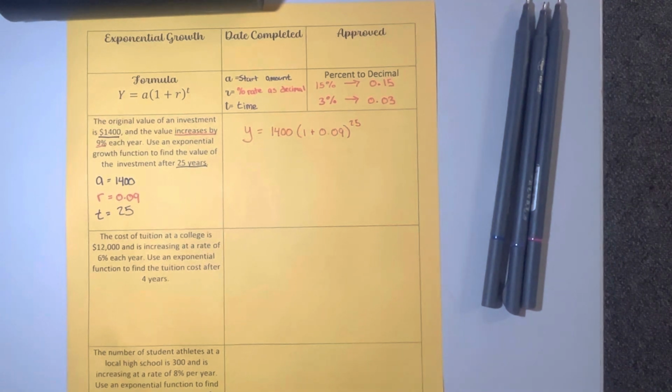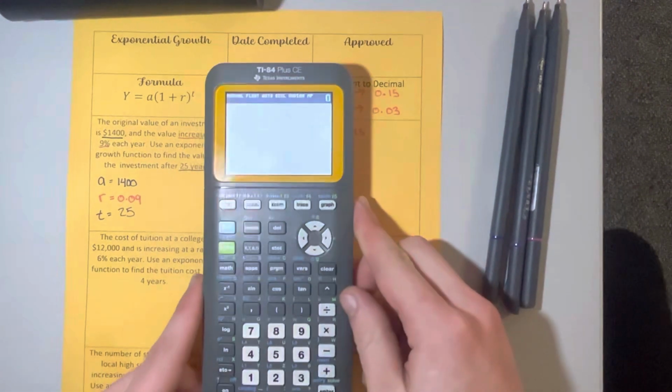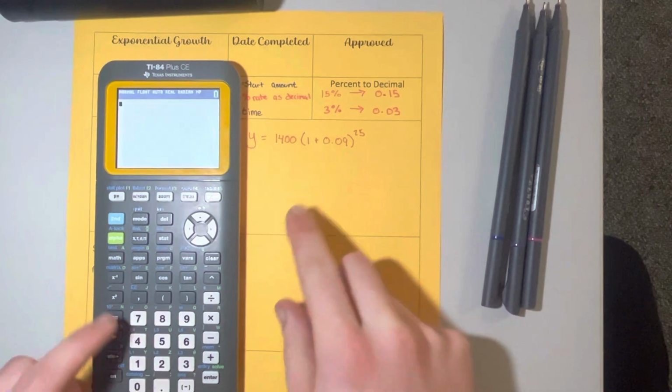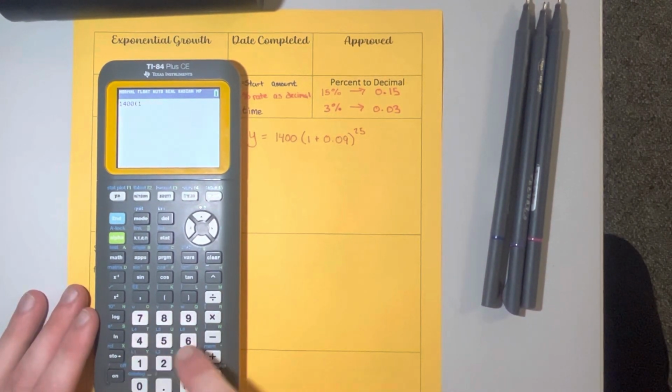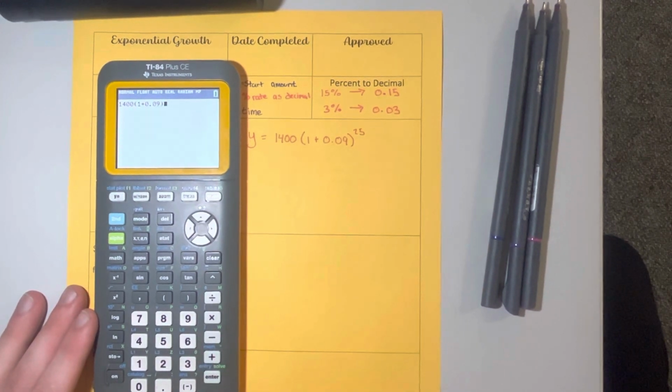I need a calculator. All right. Make sure we can see that. 1,400, parentheses 1 plus 0.09. Close my parentheses.